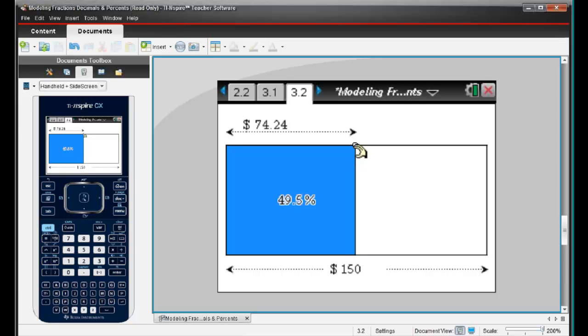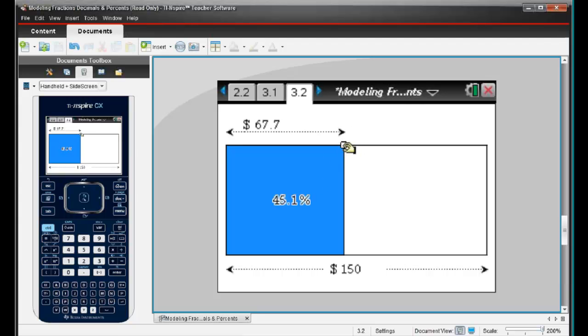And when we're talking about percentages with students, I think it's very appropriate to think in terms of the word about. We see that about half of the rectangle is filled up. We can say that $74.24 is about 50%. It's about half. Because that gets students to think in terms of estimation, which is certainly appropriate.